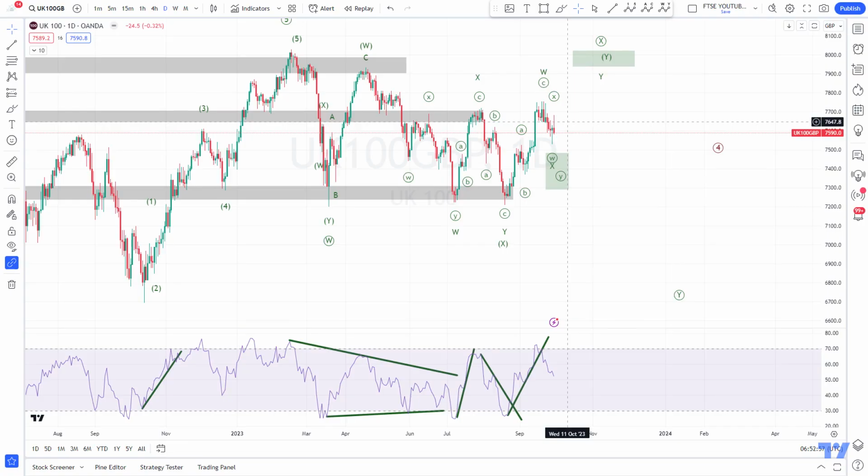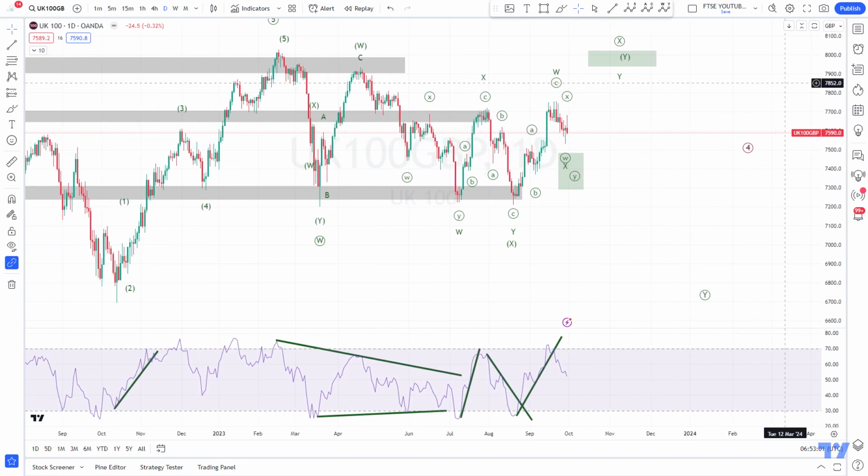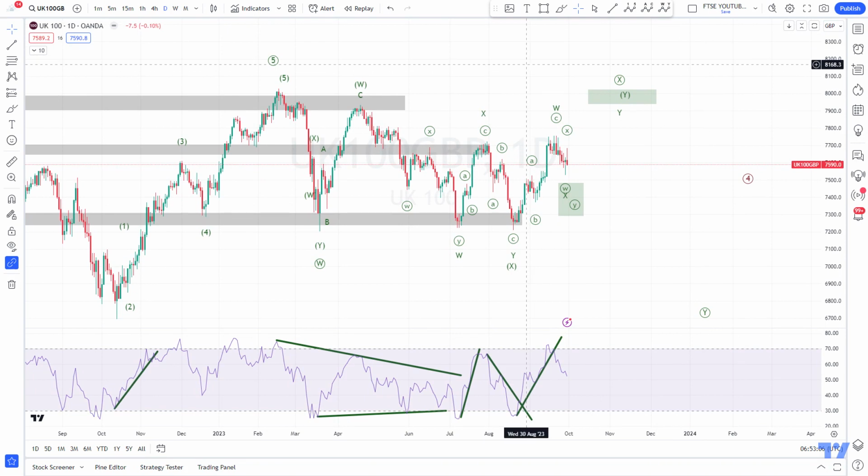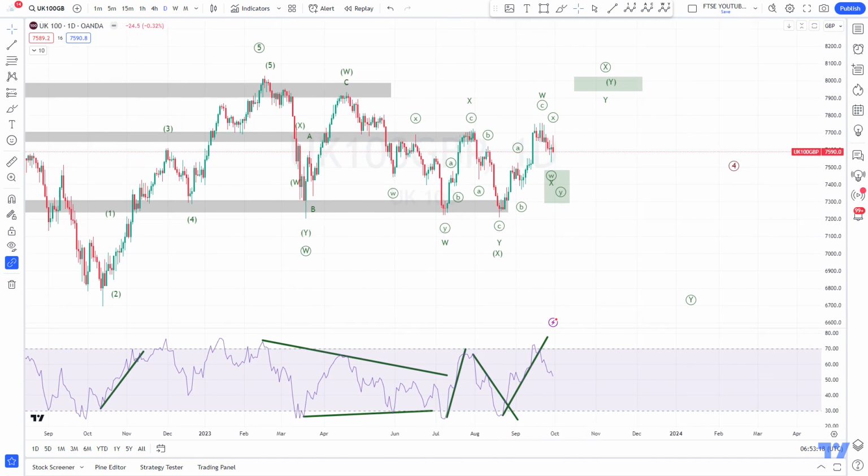Now, if we look at the daily, as you can see, the triangle is not here on the daily, and that's because it's not my primary scenario. If there is a moment that I have to switch, I will switch. But now I would call for this scenario here, that we are doing a corrective move as a WXY correction.